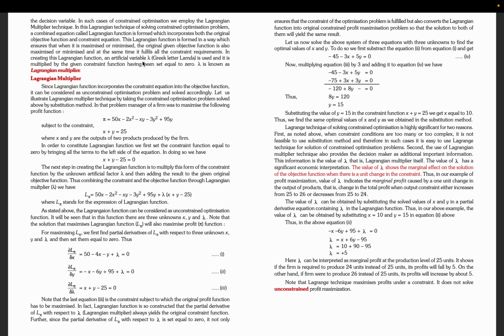In creating this Lagrangian function, an artificial variable lambda is used, and it is multiplied by the given constraint function, having been set equal to 0. Lambda is known as a Lagrangian multiplier. Since the Lagrangian function incorporates the constraint equation into the objective function, it can be considered as unconstrained optimization.